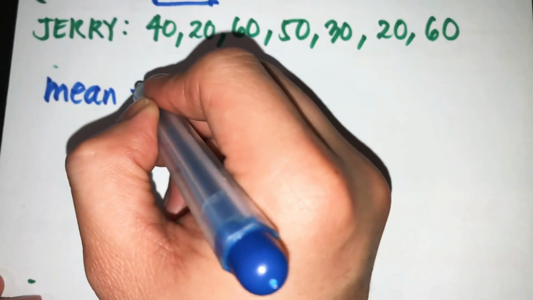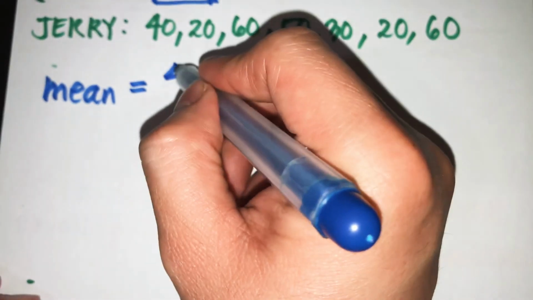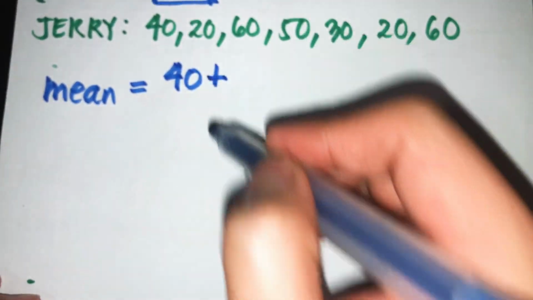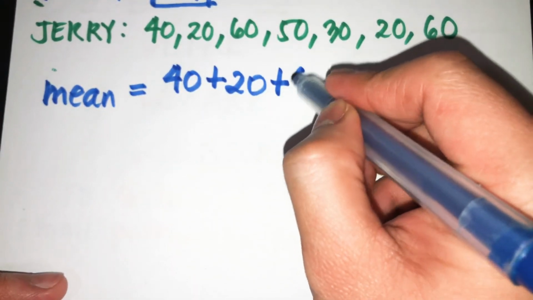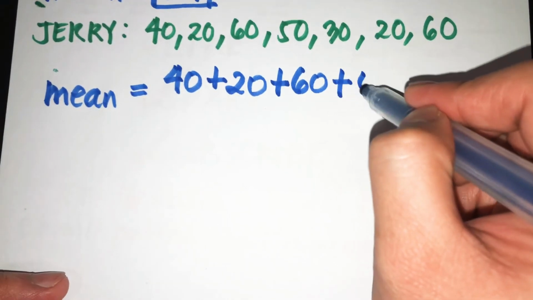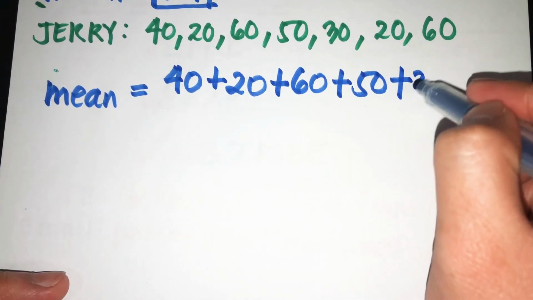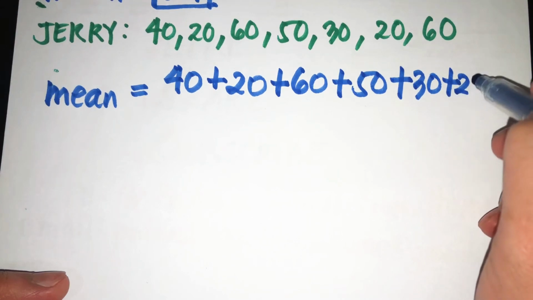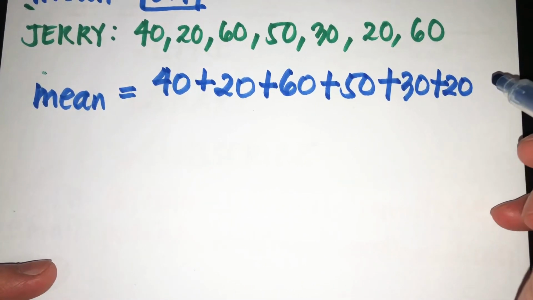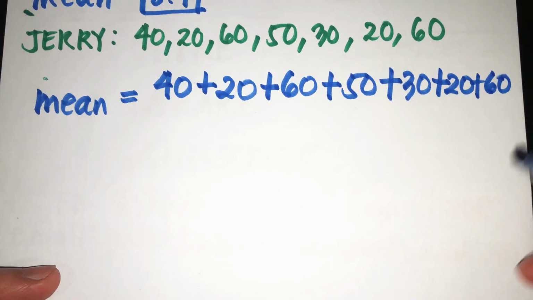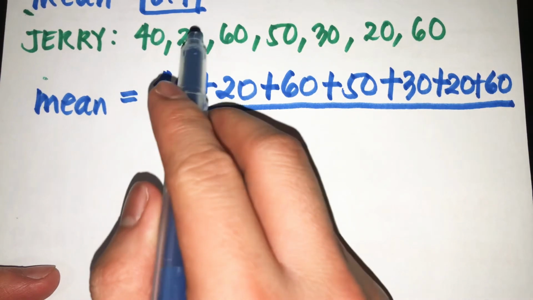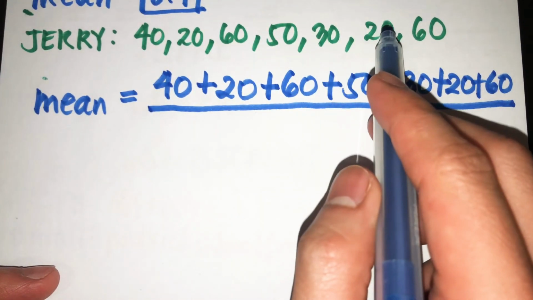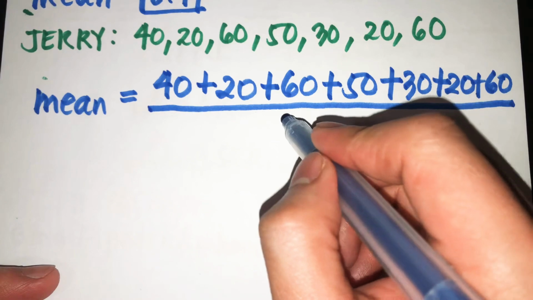We're going to add first all of the scores. So we have now 40 plus 20 plus 60 plus 50 plus 30 plus 20 plus 60 divided by the number of data 1, 2, 3, 4, 5, 6, 7. Okay.